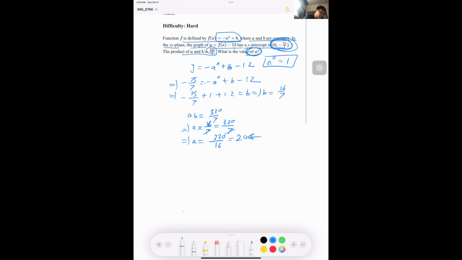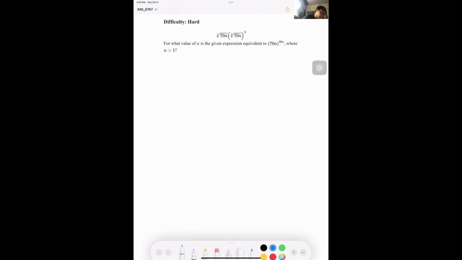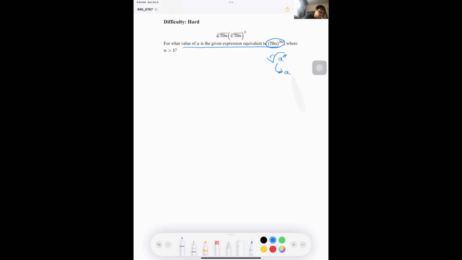The next question, for what value of x is the given expression equivalent to this? So something, let's say root, this is this, and this is equivalent to a to the power x by n. This root value comes in the denominator of the power, so this is one theory we need to know.